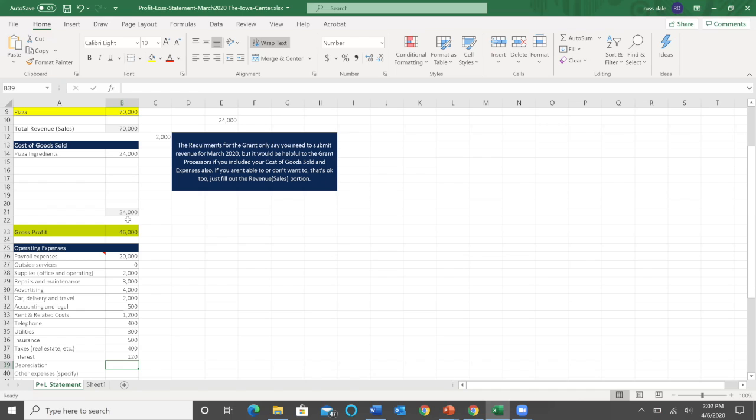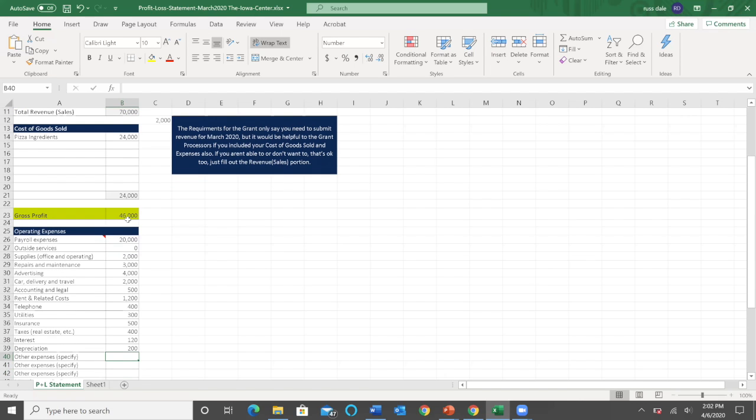I'm depreciating it over a 10-year period. And for the month of March, that depreciation total would be $200. Other expenses, we'll put trash takeout. I have to pay someone to take out my trash. It costs me $50 a month.